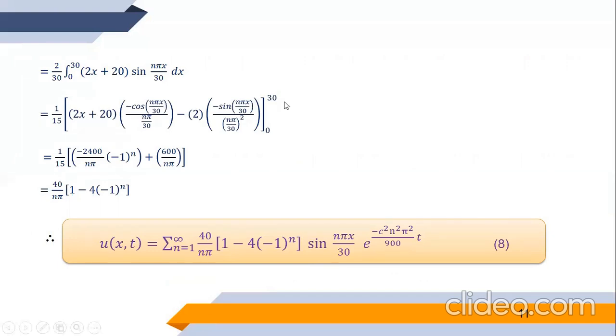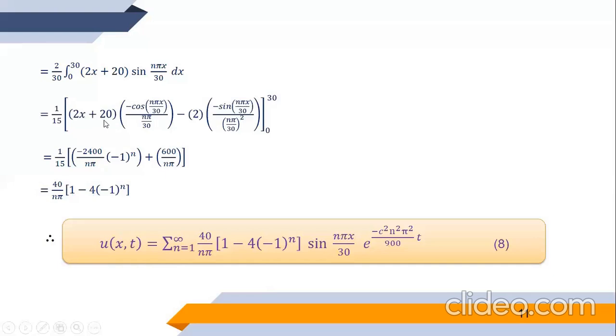Now x is replaced with 30. So we get 30 into something. So we get minus 2400 upon n pi, cos n pi is minus 1 to the n, sin n pi is 0, minus x is replaced with 0.